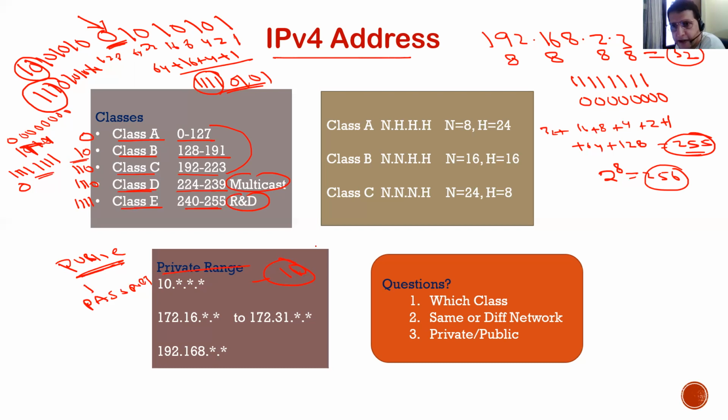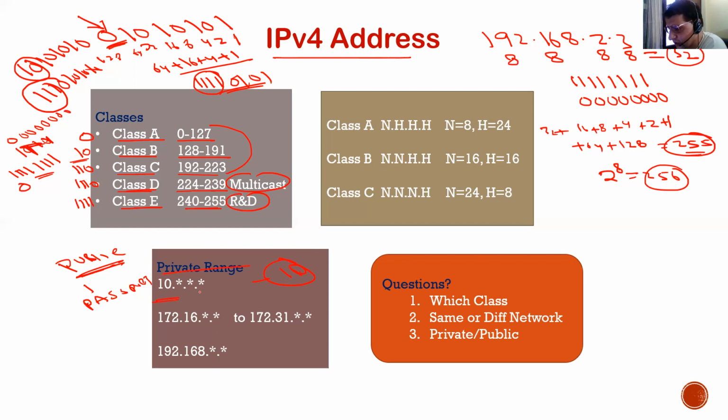An ID card from your organization will be recognized within your organization, but with a passport you can go outside and be recognized everywhere. That's your public IP, and you are paying for it. For load balancing, we might be using two IPs, or we might also be doing NAT, where we map public and private IPs, but we are not paying for these IPs.